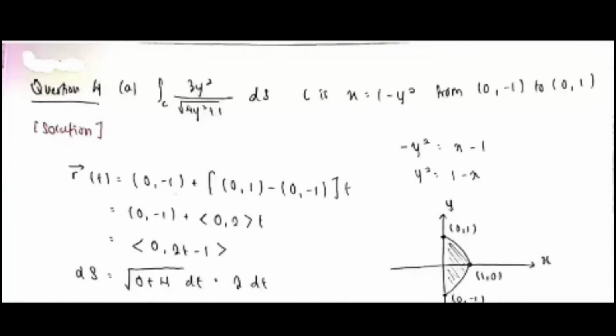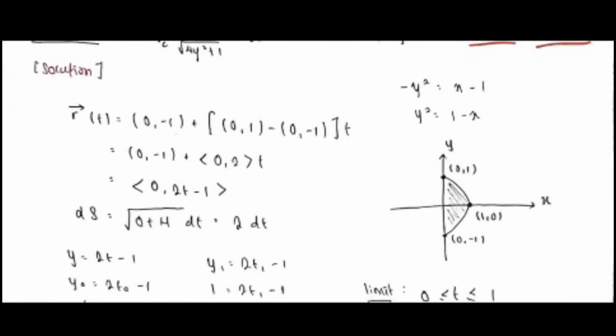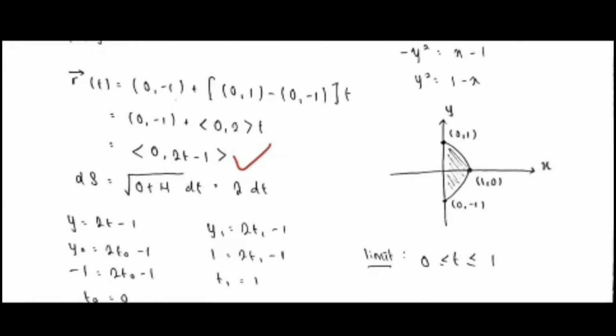So we need to find the r(t) from the points given. We'll find r(t) is (0, 2t minus 1). Next, we need to find ds, which is the magnitude of r'(t). So here we will get r'(t) is (0, 2). Then ds we will get 2 dt.